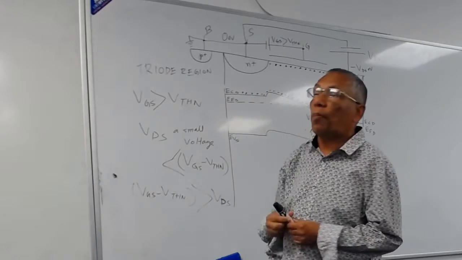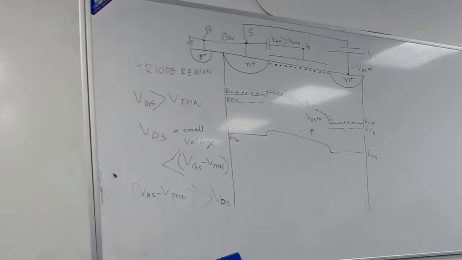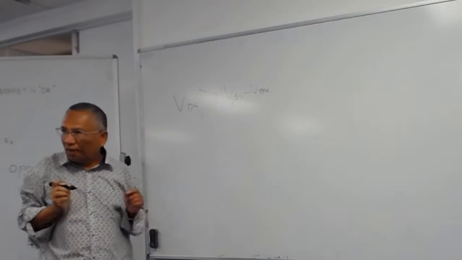What happens if you apply a larger VDS? You could have a situation where the drain to source voltage VDS is greater than or equal to VGS minus VTHN. This is the final case.